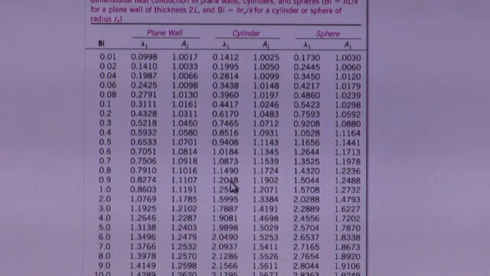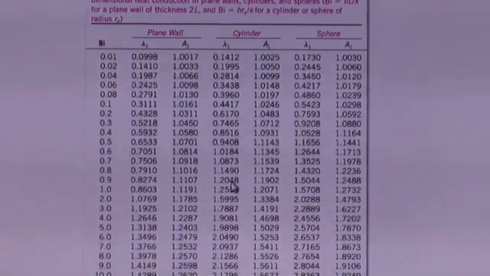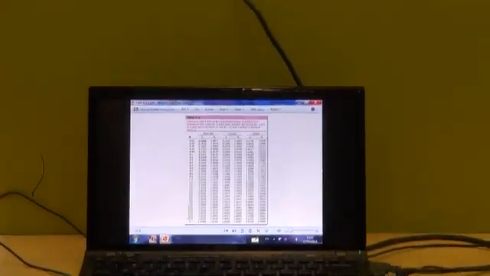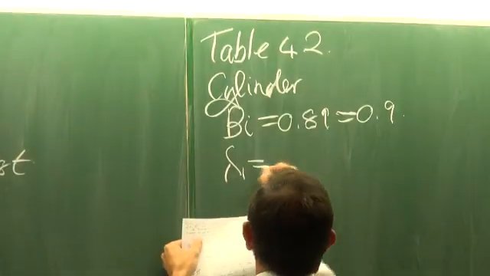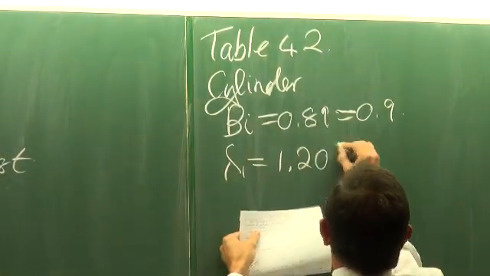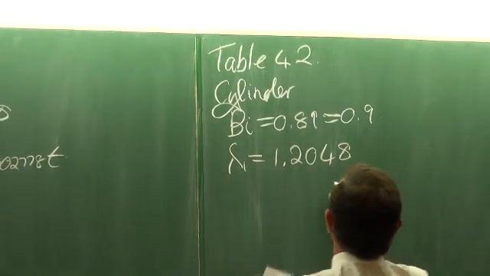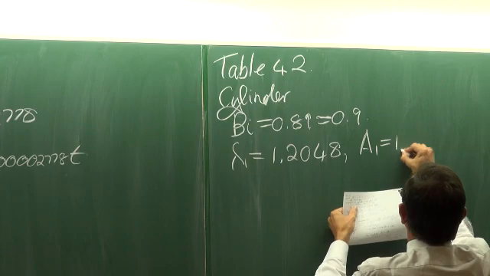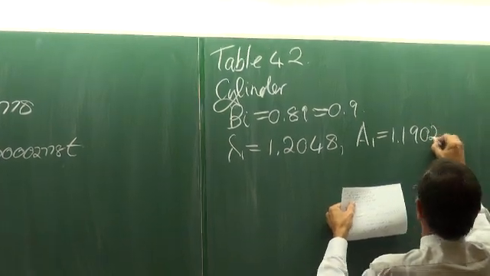So for a cylinder, a Biot of 0.89, I'm going to use 0.9. Then lambda 1 would be equal to 1.2048, and A1 would be equal to 1.1902.